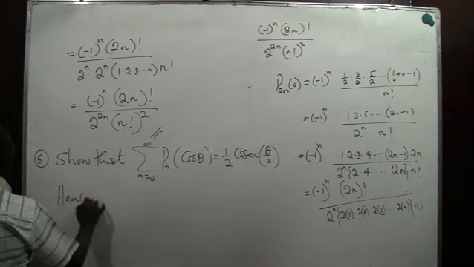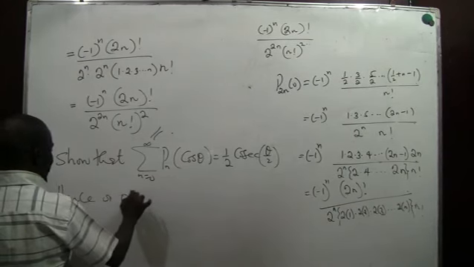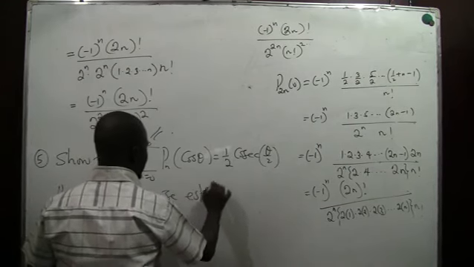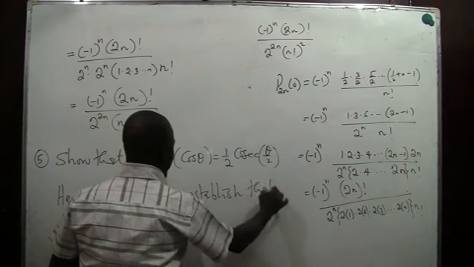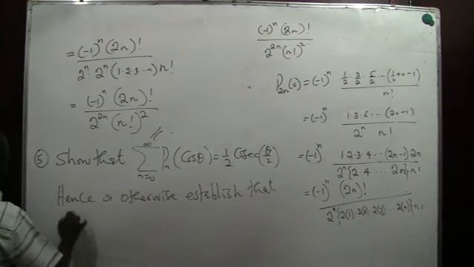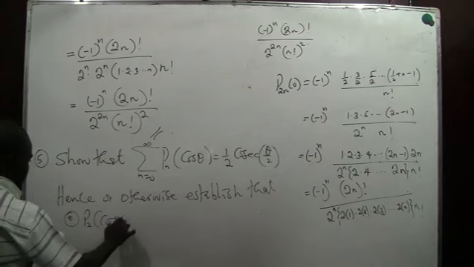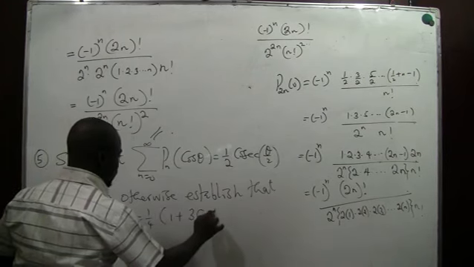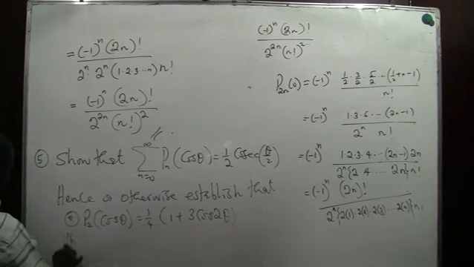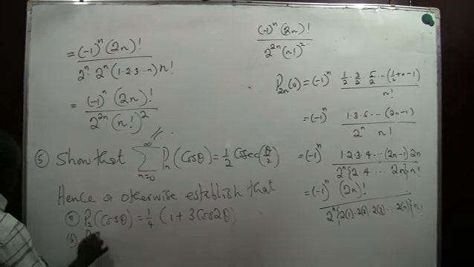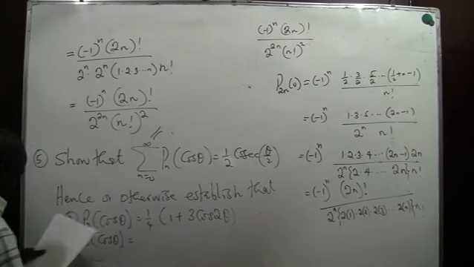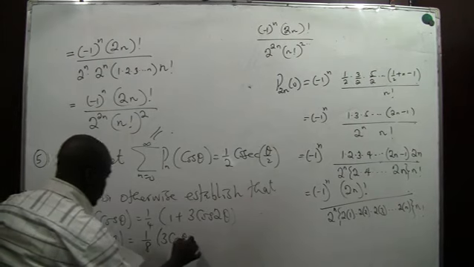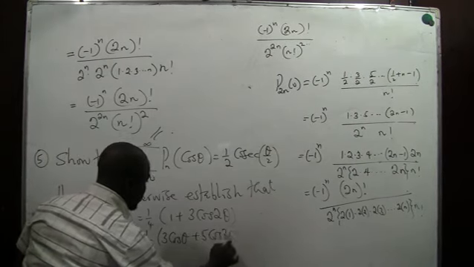Hence, or otherwise, establish that A, P2 of cos theta is 1 over 4, 1 plus 3 cos 2 theta, and B, that P3 of cos theta is 1 over 8, 3 cos theta plus 5 cos 3 theta.